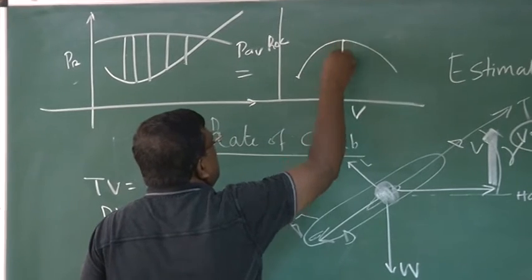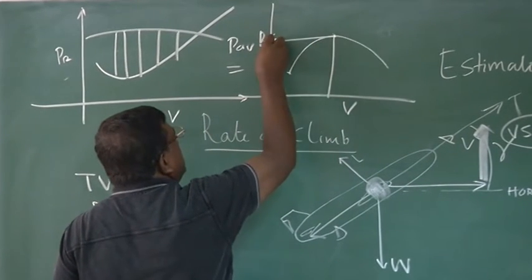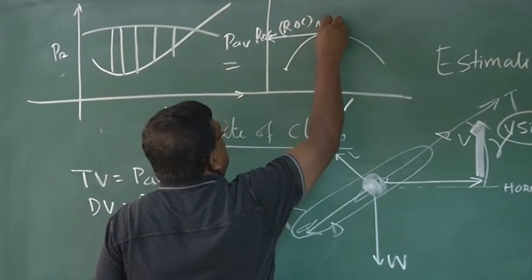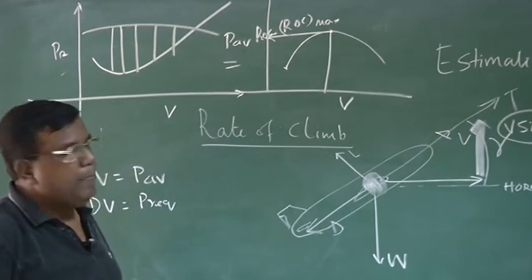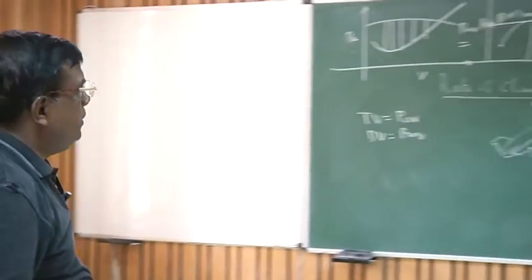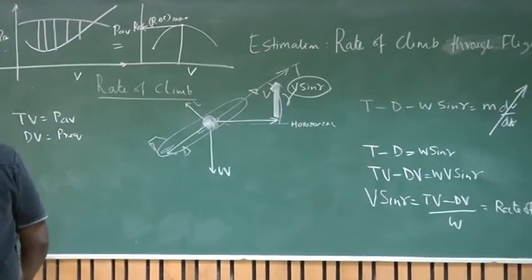So there is a velocity at which rate of climb is maximum. Okay? So that is our understanding. Now we want to fly the airplane and actually climb and see whether whatever our understanding is, it is okay or not. That is our motivation. Let us do the experiment.